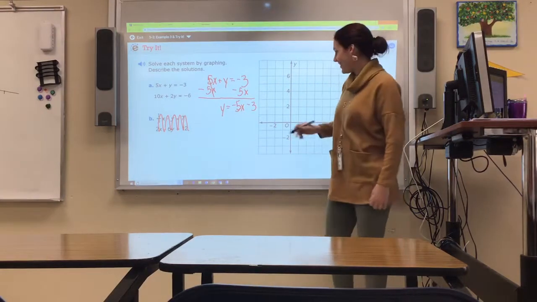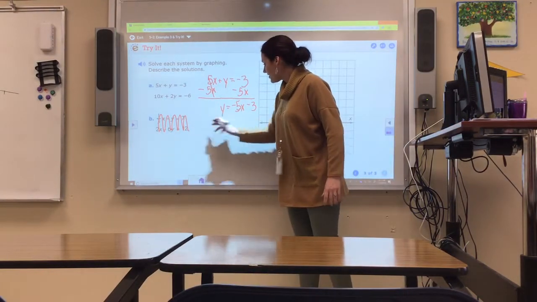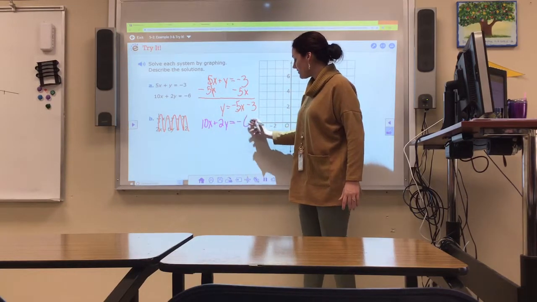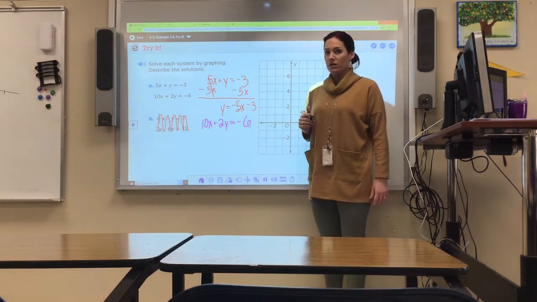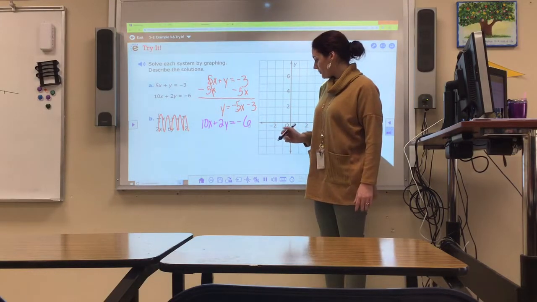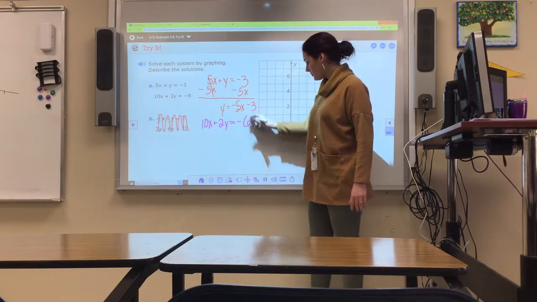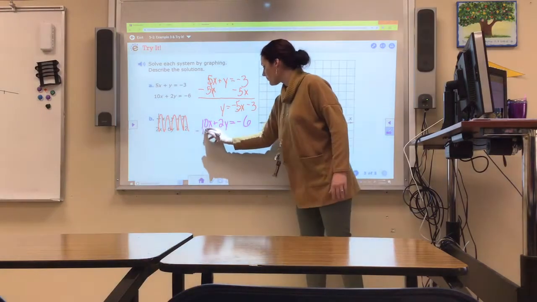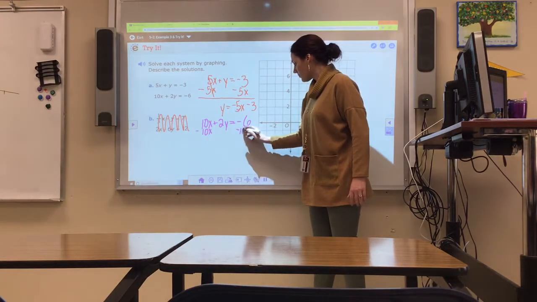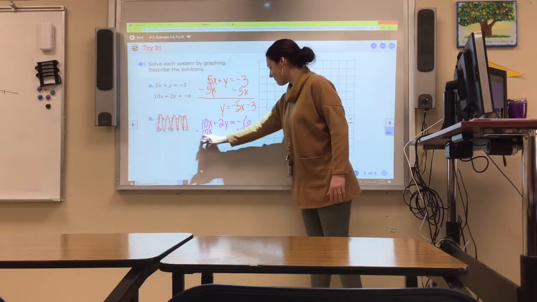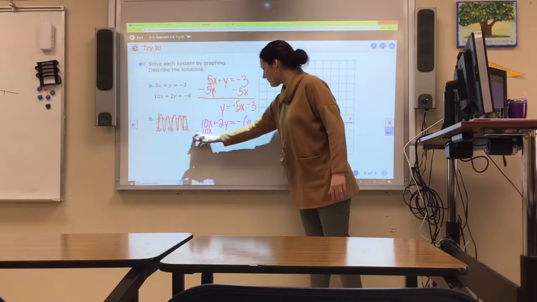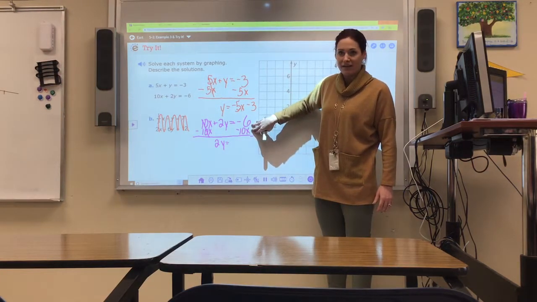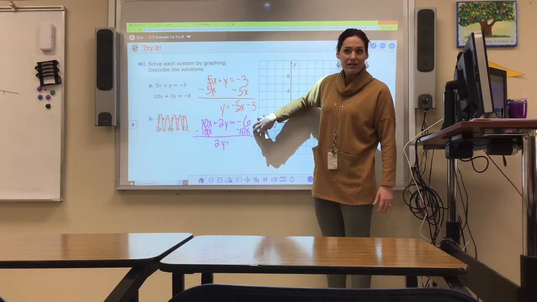Okay, next, 10x plus 2y equals negative 6. What did y'all do first, Caitlin? You subtract 10x. 10x, there we go. Okay, so 2y equals, well, how am I going to write this?